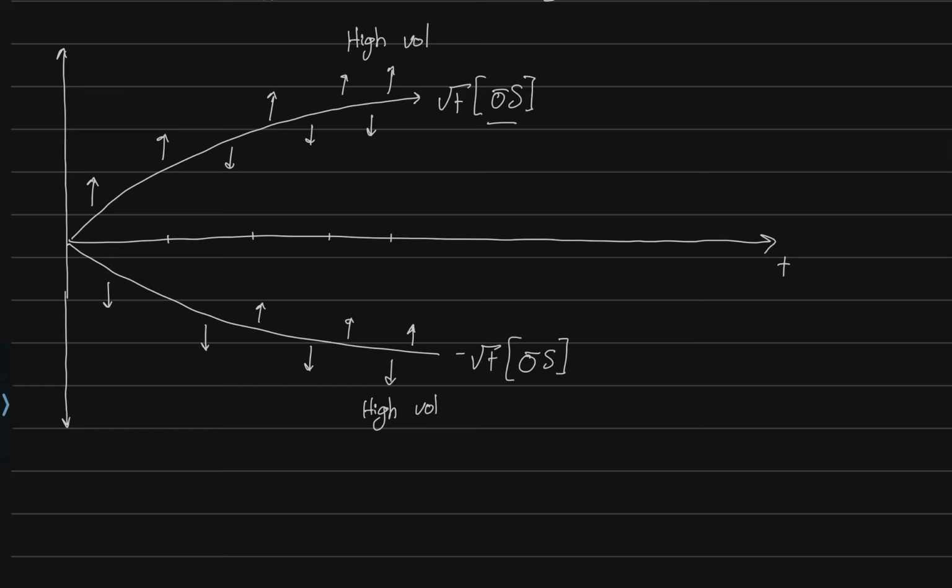It can be scaled down. And this is for low volatility. So I can either have high volatility standard deviation looking like that, or I could have a low volatility standard deviation looking something like this.